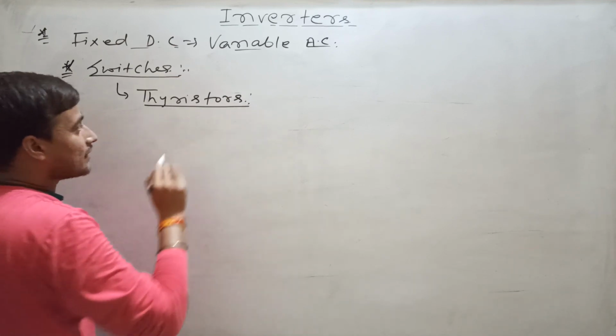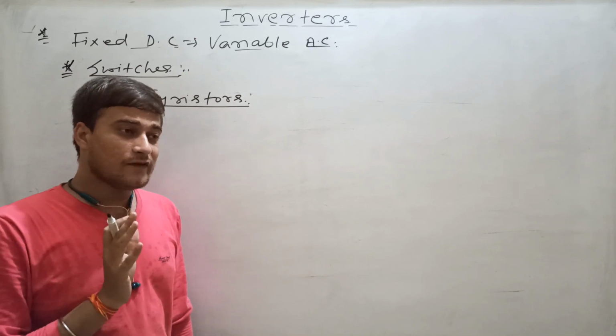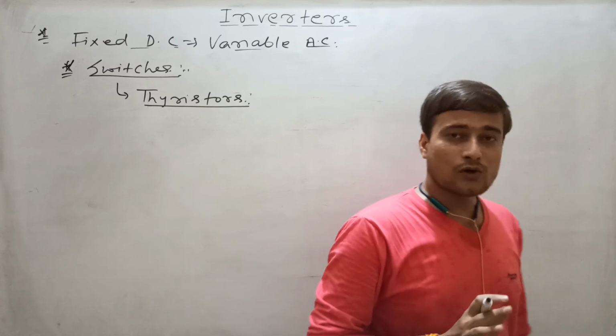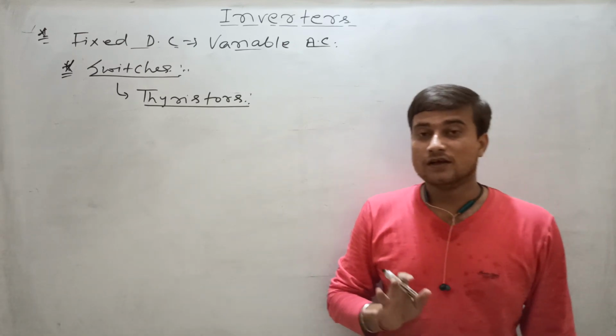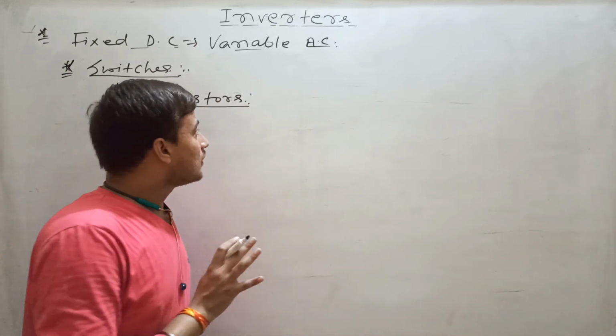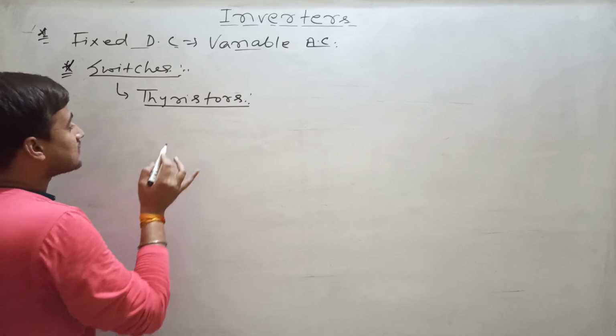Now if you are using thyristors, you know that here the input voltage is DC. If input voltage is DC only, that means nature of supply is not going to support commutation. So now to turn off the thyristor, you will have to arrange additional circuit.